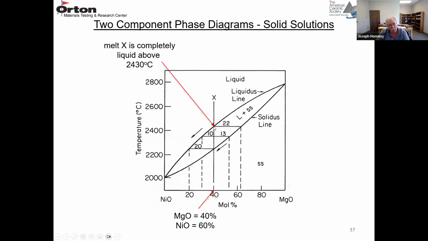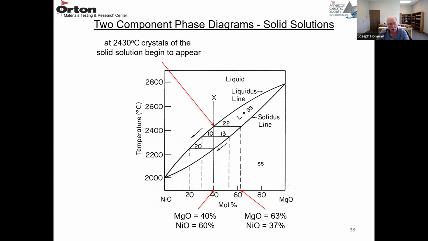So above this temperature, which is about 2430 degrees C, we just have a liquid phase present. So we're just above this liquidus line. And as we go below 2430 degrees C, we start to develop crystals of the solid solution.